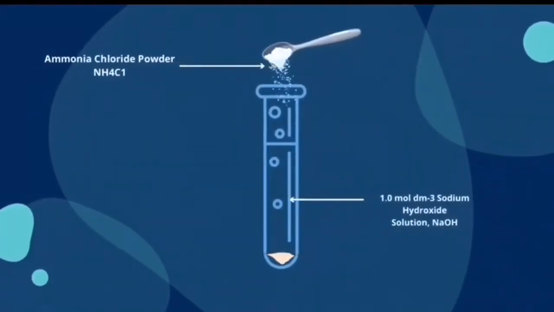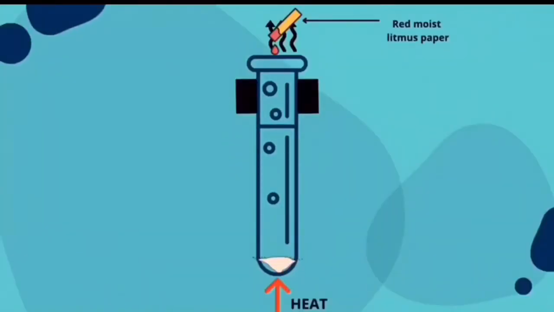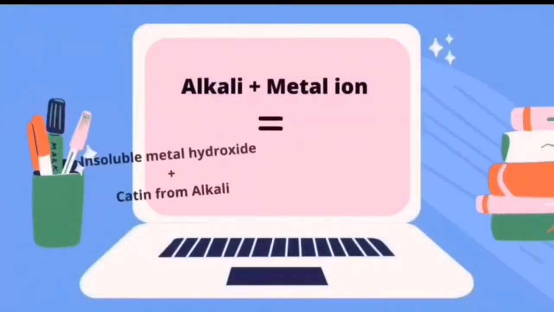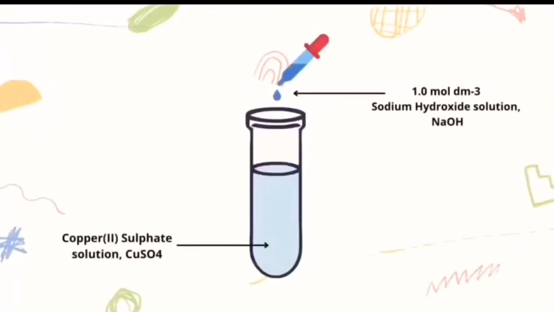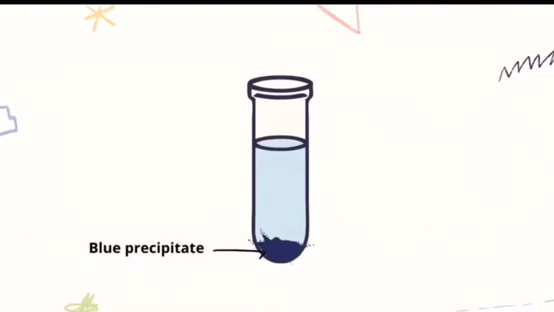To see the result, heat the mixture of alkali and ammonium salt to produce ammonia gas. An addition of alkali to metal ions produces insoluble metal hydroxide precipitate.